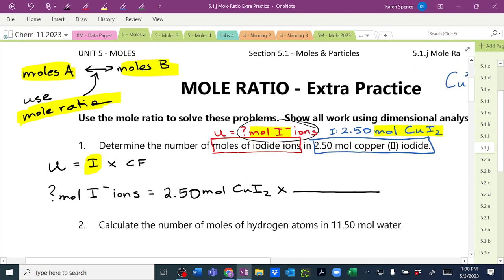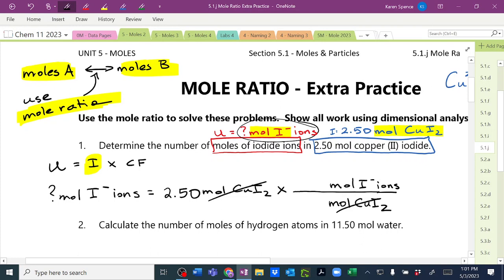What unit needs to go on the bottom so I can cancel? Moles of CuI2. And what unit goes on the top? Moles of I minus ions, because that's what we want to find.